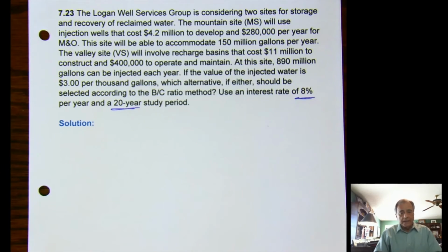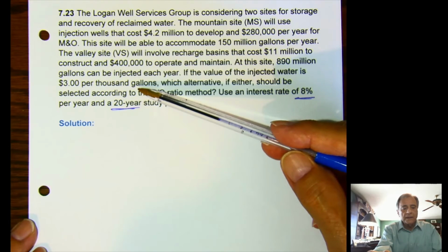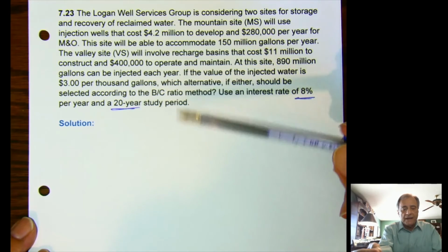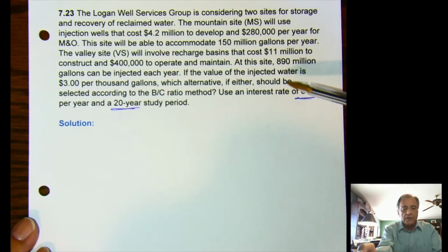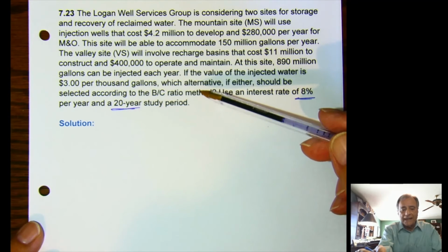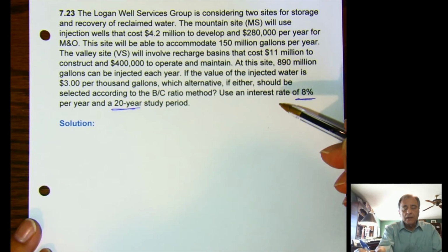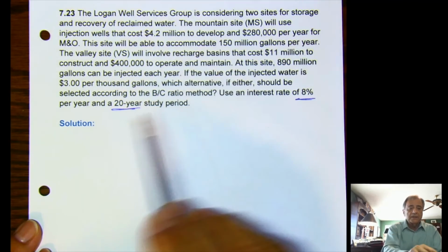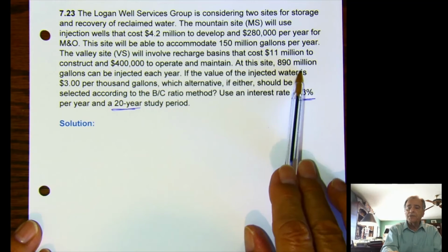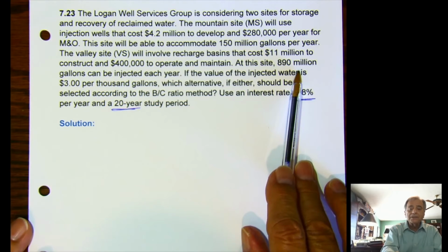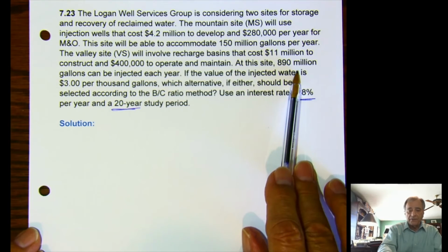And we're going to look at the data. We have direct benefits because the value of the injected water is $3 per 1,000 gallons. So the benefit of these two alternatives is a number that's the dollars per 1,000 gallons times the number of gallons in thousands will give us a dollar benefit.